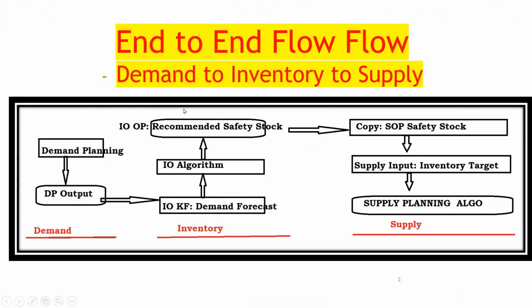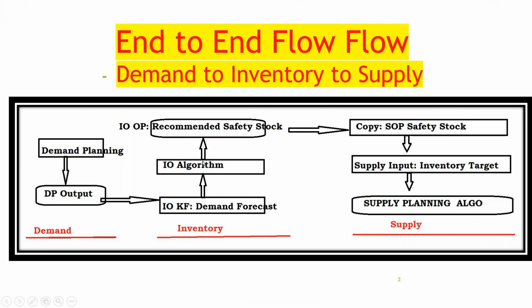For example, we have got the demand plan output. We can copy it to a key figure called IO demand forecast. That will form as an input.